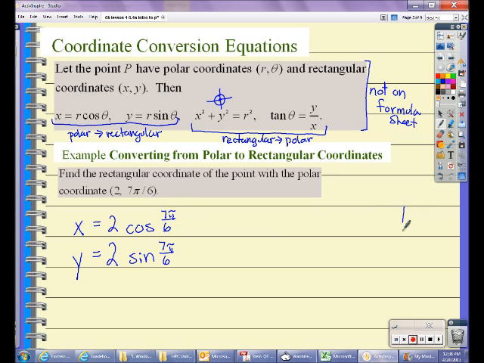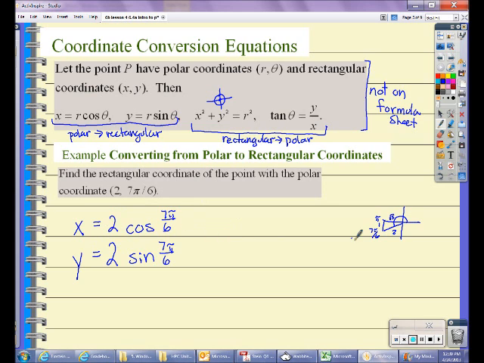Now, I always like to draw a little sketch, thinking, okay, 7 pi over 6, that's in my third quadrant because it's pi over 6 more than pi. I think, okay, my reference angle is pi over 6, so 1, 2, root 3.